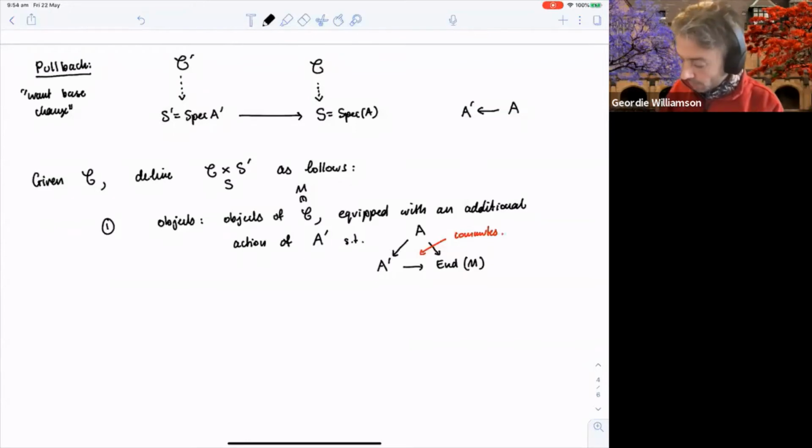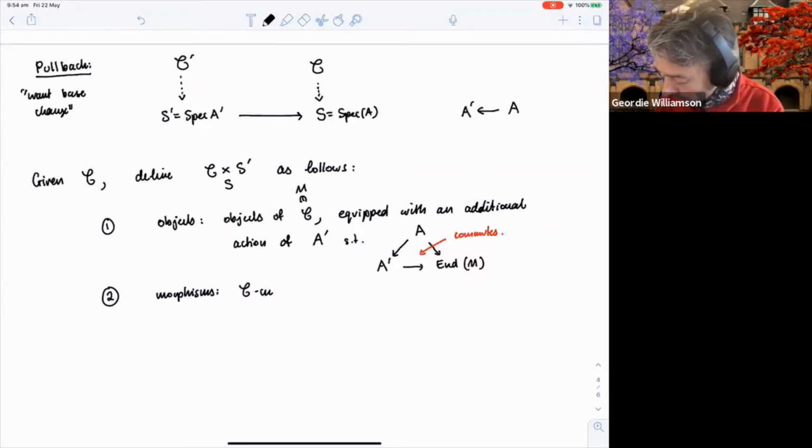And morphisms are what you think. So morphisms are C morphisms compatible with the A prime action.